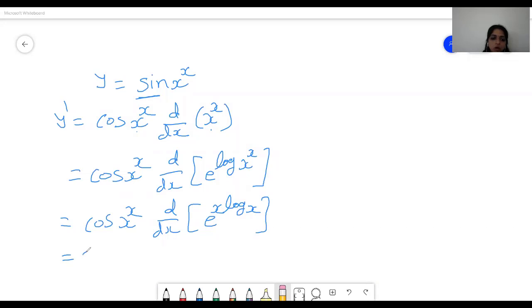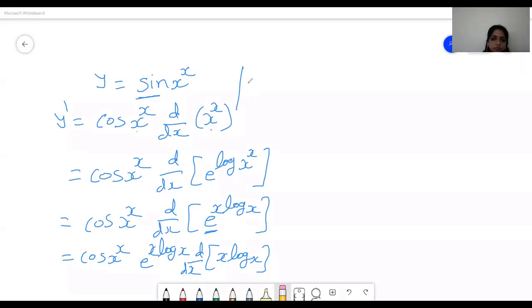Now cos x raised to x, keep it same, and as this is the exponential function, e raised to x log x, keep it same, and by again applying the chain rule, that is d by dx of x into log x, right? So here cos x raised to x, e raised to x log x. Then by applying the chain rule, x keep it same. The derivative of log x is 1 by x.